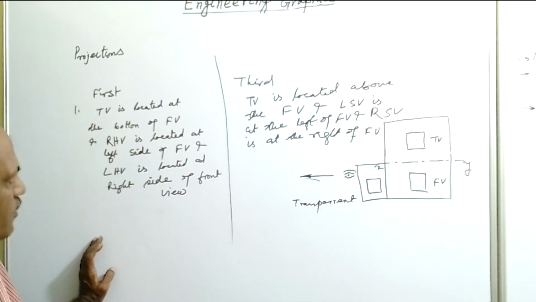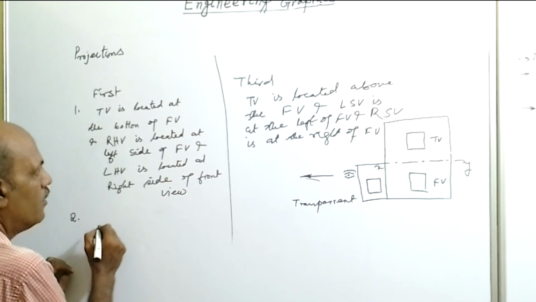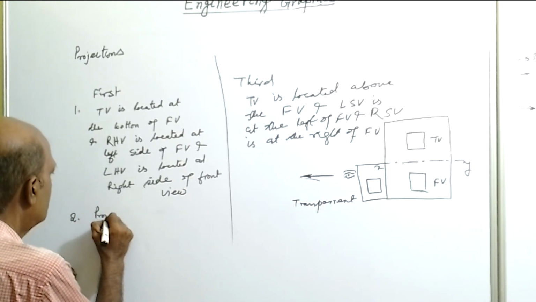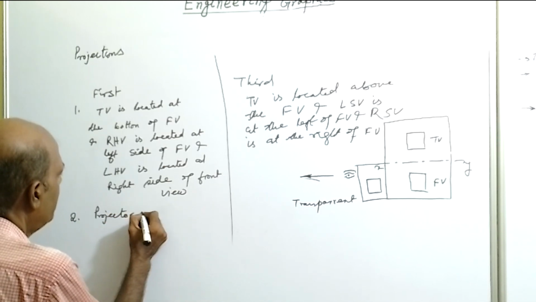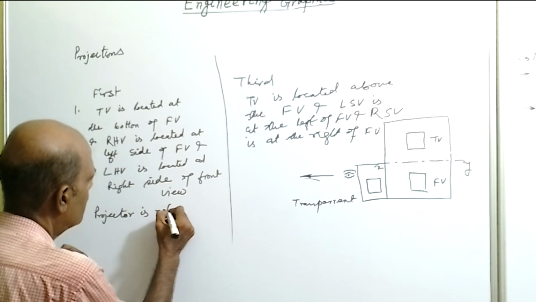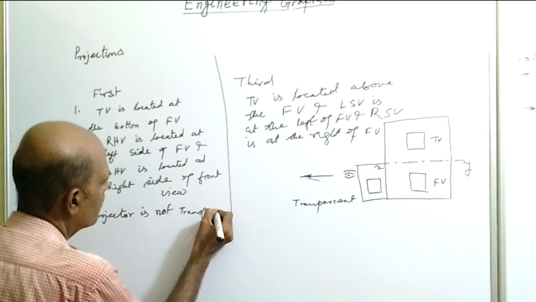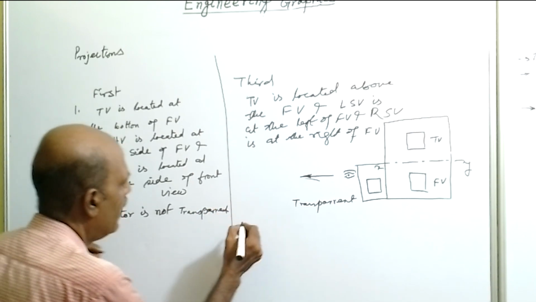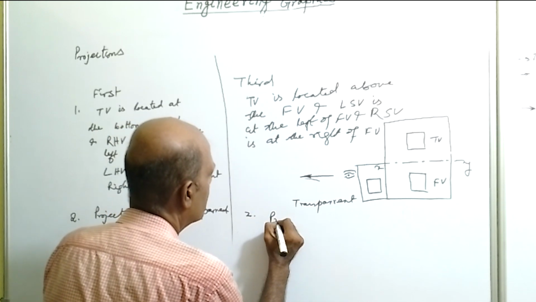So this is the first difference. And the second difference: here the projector is not transparent. But here the projector is transparent.